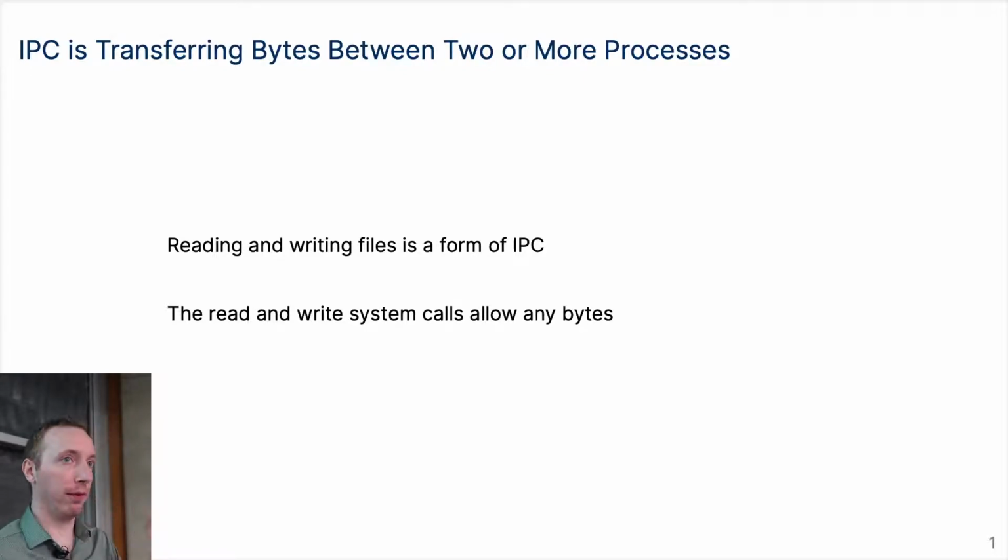If you have a process that opens a file and writes to it, and then later on another process reads from the file, that's actually communicating between two processes that aren't even alive at the same time. That's how you get bytes from process A to process B, and that's all done through the read and write system calls. They allow any bytes; they don't care.